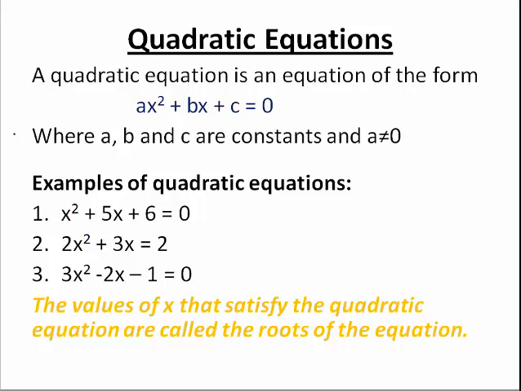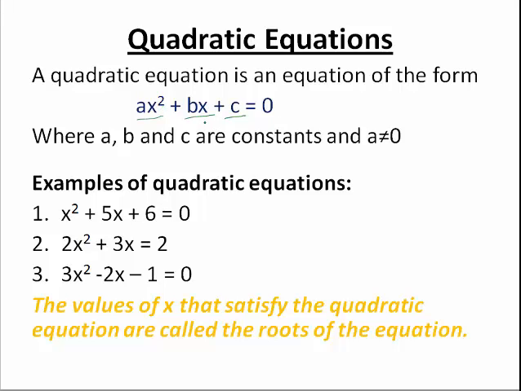Look at this very well. We have ax squared. Here, a is the coefficient of x squared. Then for bx, b, which is also a constant, is the coefficient of x, and c is just a constant.